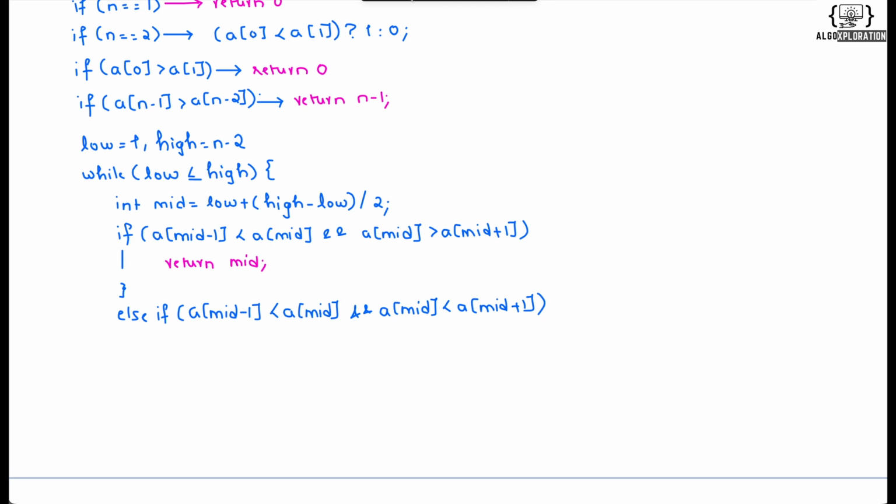Since we have to go right, low will be mid plus 1.